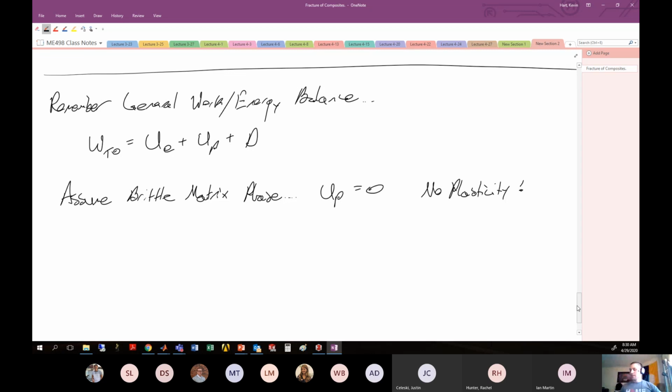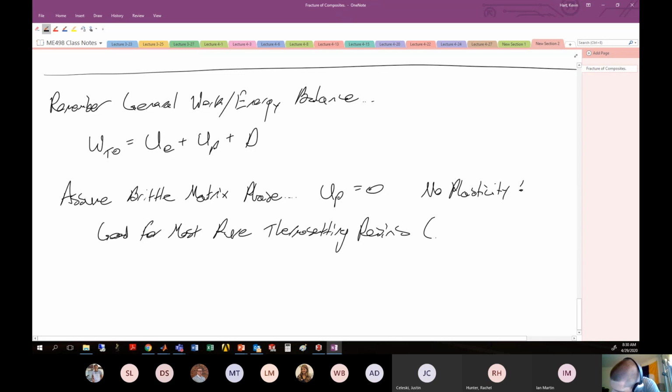This is a good assumption for most pure resins, like epoxy and some vinyl esters and other brittle matrix phases.